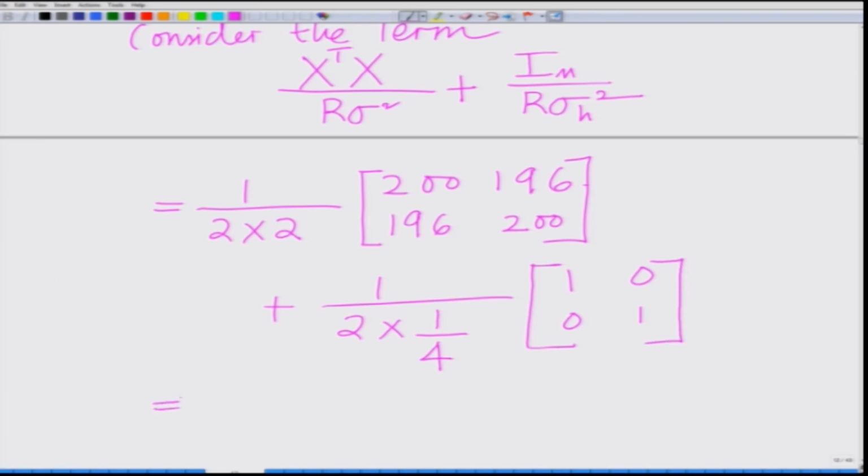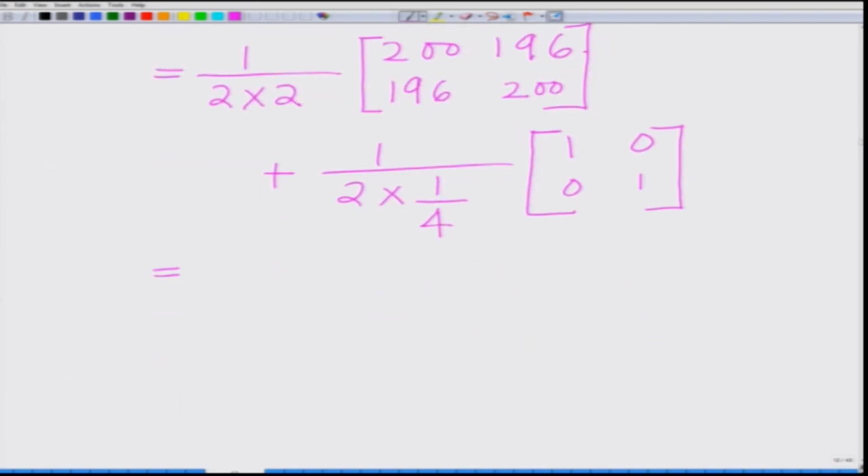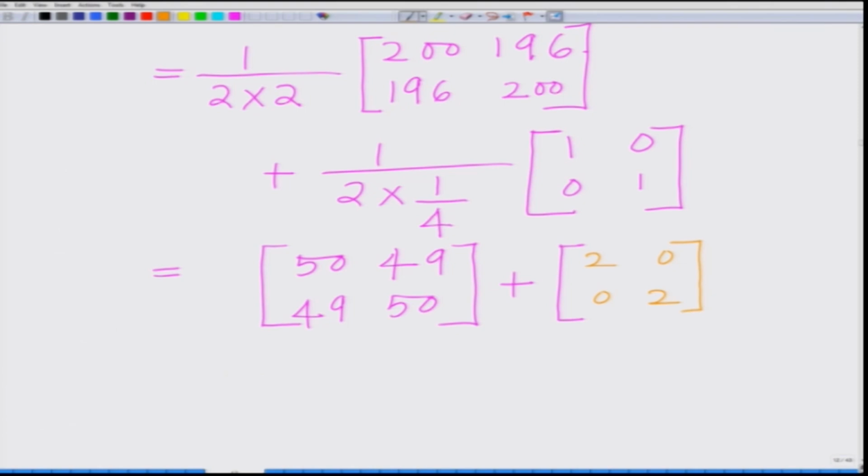If you compute this, it is 50, 49, 49, 50 plus 2 0, 0 2, that is your 52, 49, 49, 52.